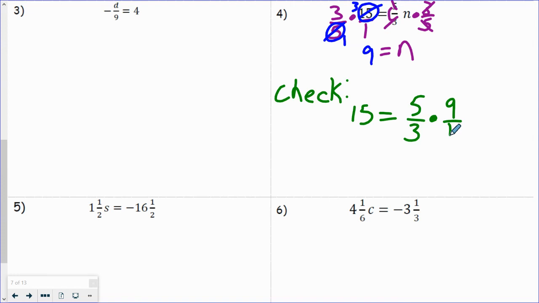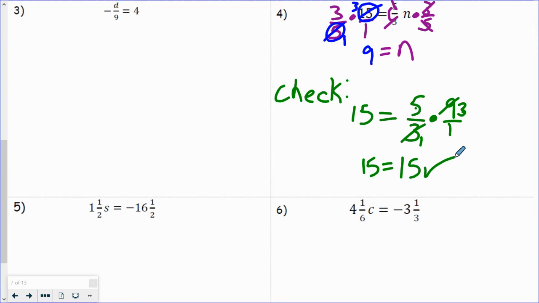All right, I can see I can cross cancel here. 3 goes into 3 1 time, and 9 3 times, and 5 times 3 makes 15. Bada bing, we are good. Pause this if you need to.